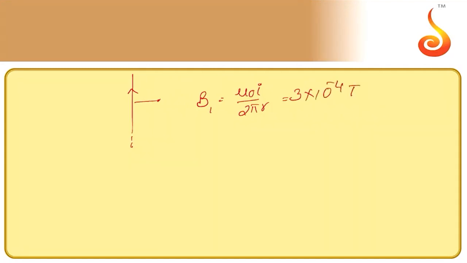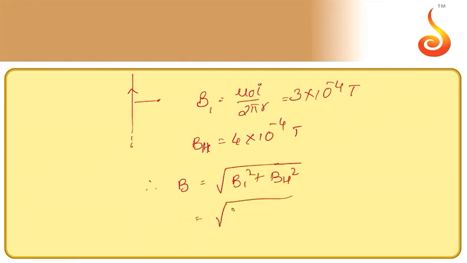Along with that, there exists an external magnetic field of 4 into 10 to the power of minus 4 Tesla also. So there are two magnetic fields which are perpendicular to each other, and therefore what is the resultant field? This is the square root of B1 square plus BH square.